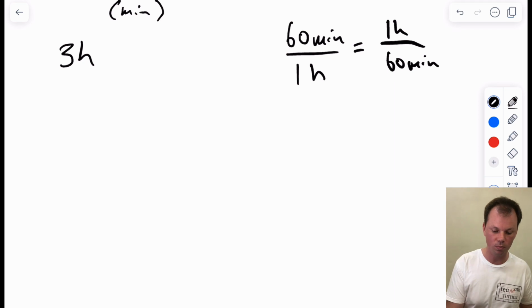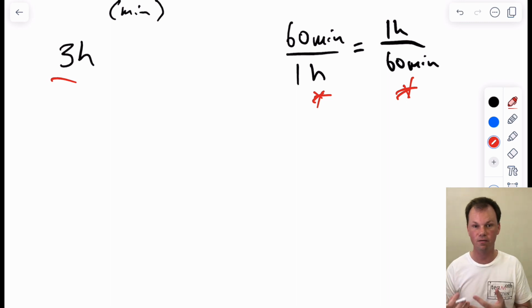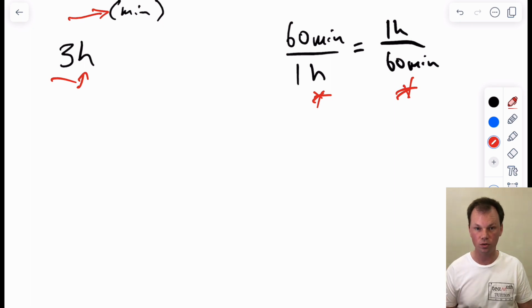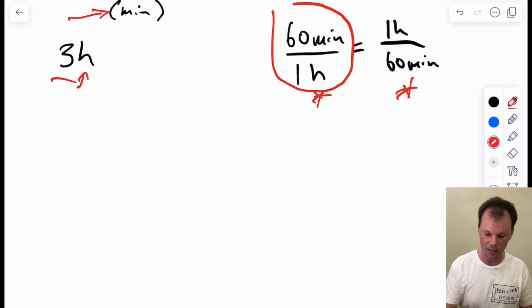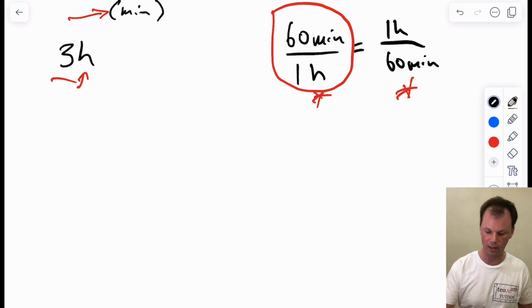So if I multiply this 3 hours over here by either of these, I'm going to get the exact same value. But when I want to multiply, I want to do it in such a way that I can get rid of this hours and convert it to minutes. So the way I'm going to do that is I'm going to select the one of these with the hours on the bottom of the fraction, and I'll show you why.